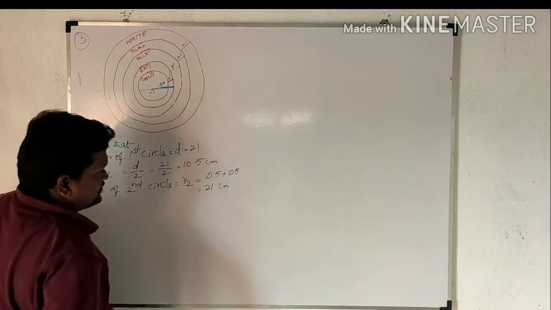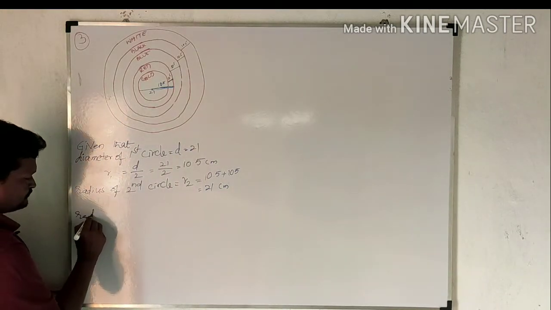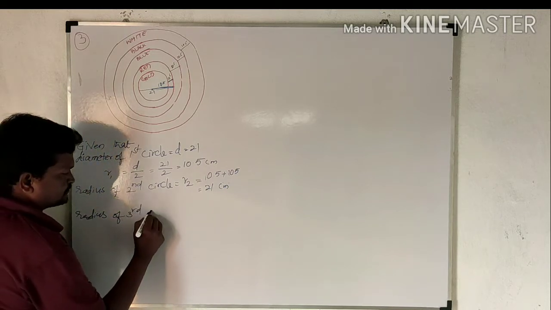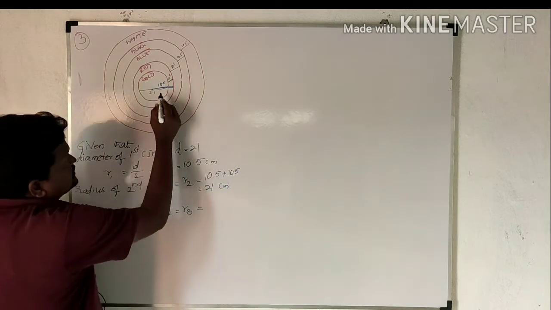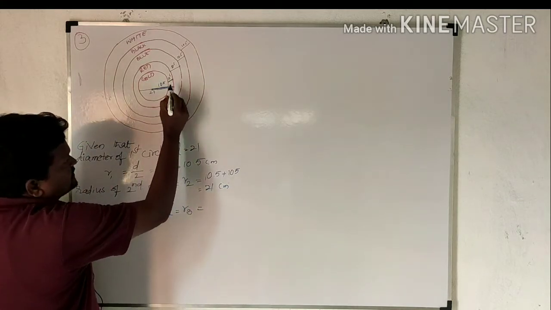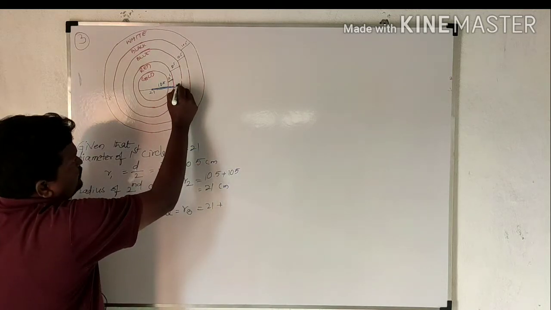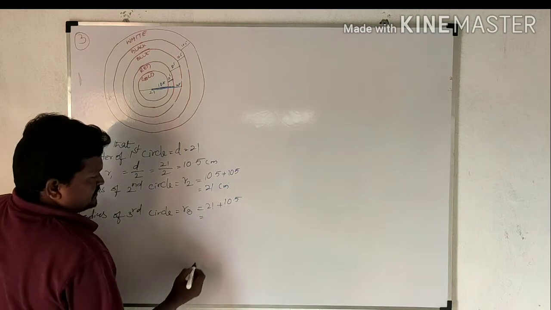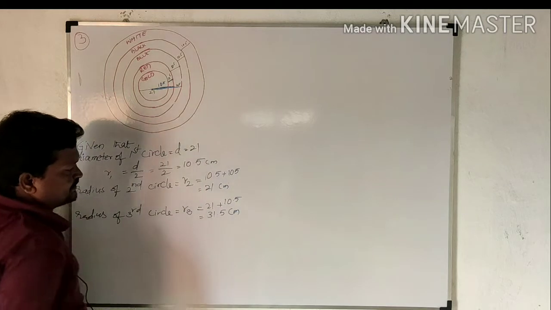Now the radius of the third circle, R3, is 21 centimeters plus 10.5, total 31.5 centimeters.